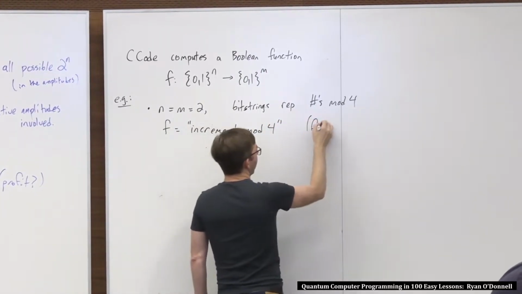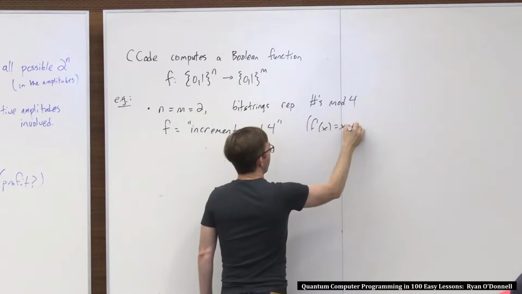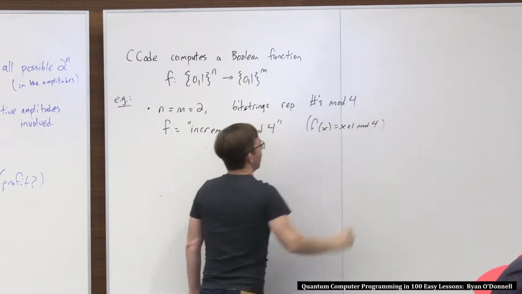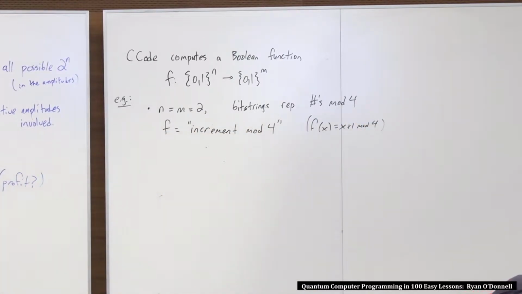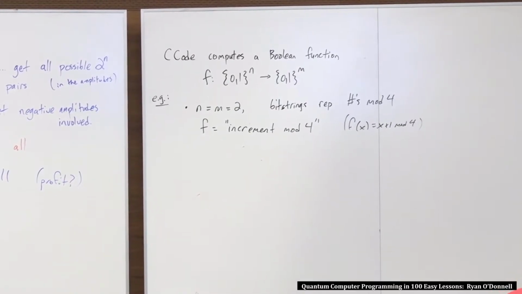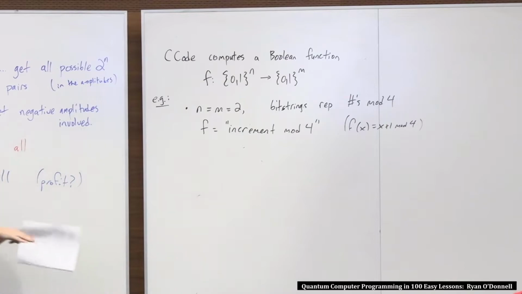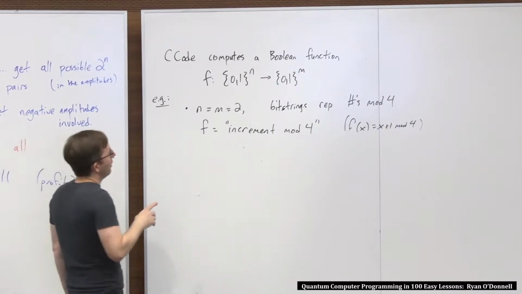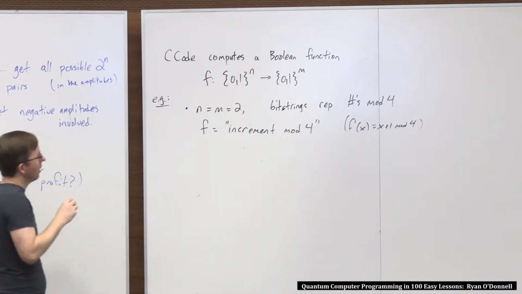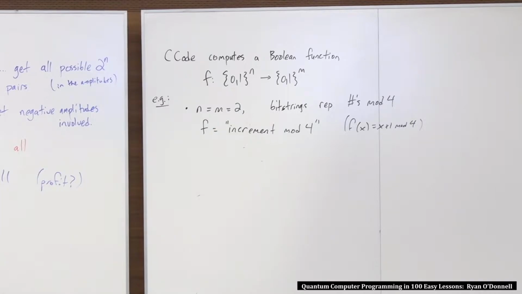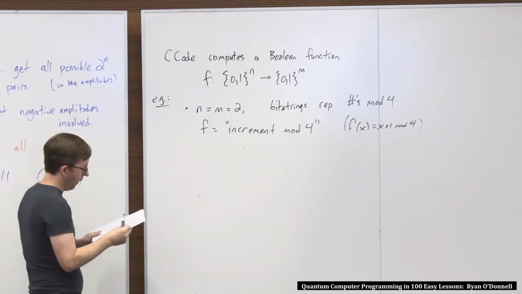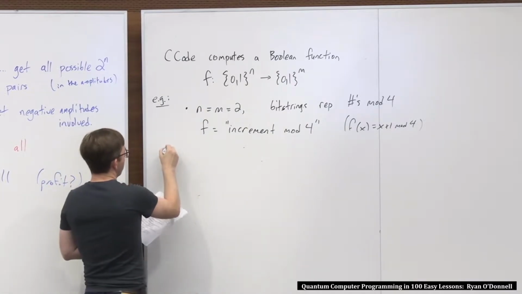F of X is X plus 1 mod 4. You possibly remember this one well from homework 1, question 1. That's the spec for a really simple function. And if I said, write me a tiny computer function that does that, you would have no problem. I guess you toggle the last bit, and you also toggle the first bit if the last bit was 1, or whatever.